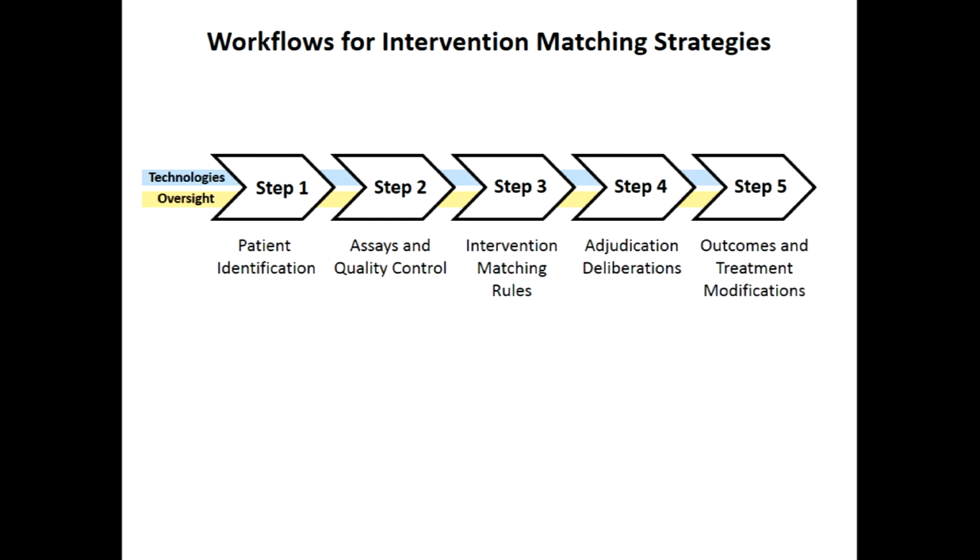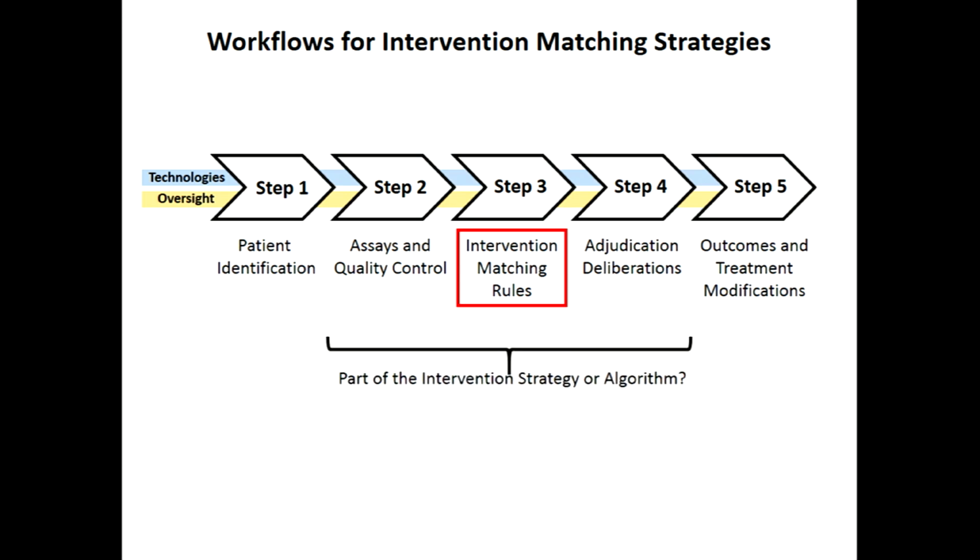In the course of the conversations with the FDA, we realized that the intervention matching rules went beyond the actual algorithm, the listing of which perturbation goes with which drug, and included the assays that were used, kind of the garbage in, garbage out principle. If you can't assess the perturbations in the tumor properly, then all bets are off as to whether your algorithm is going to work. We also had to factor in the deliberations of the tumor board.